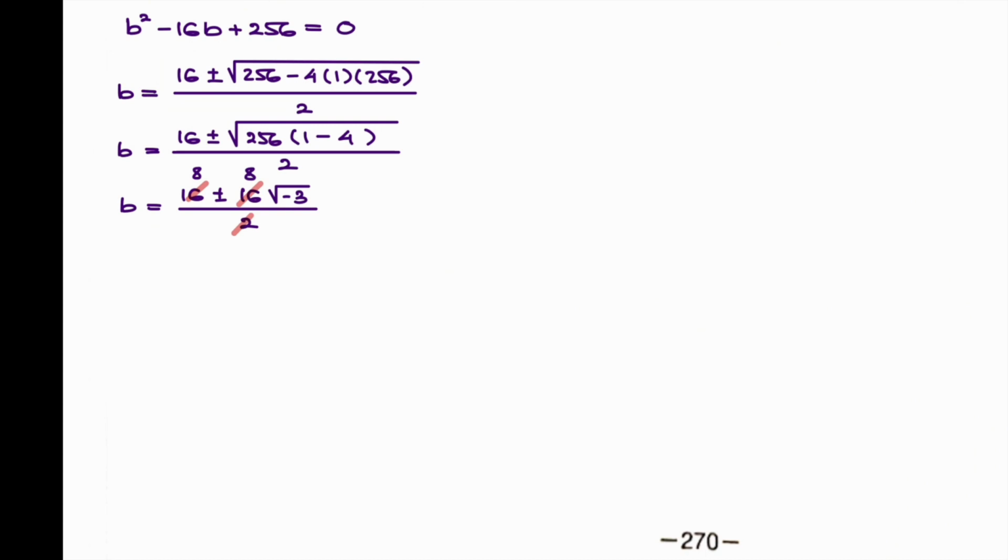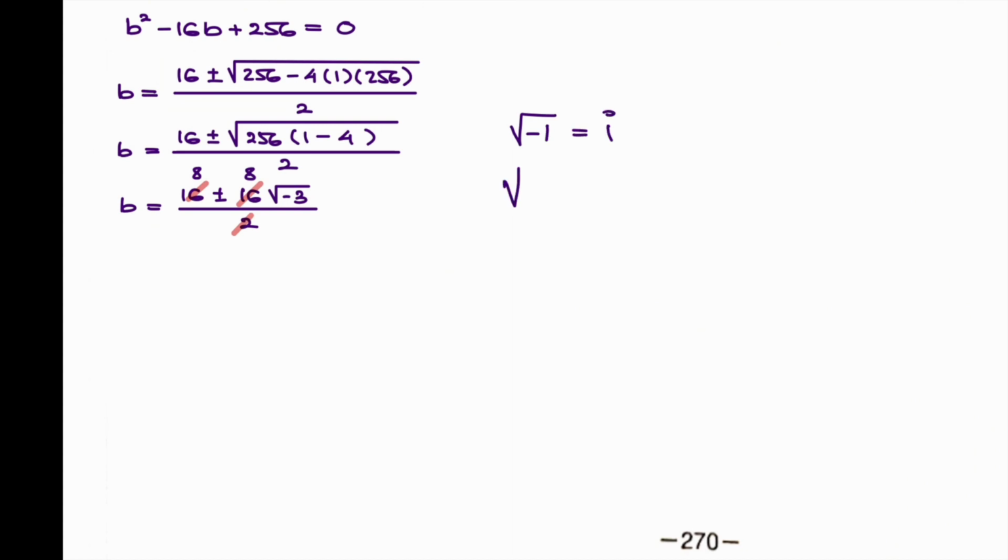And then the square root of negative 3 in complex numbers can be written as square root of 3 times i. You need to remember the concept of complex numbers. In complex numbers, the square root of negative 1 is equal to i.